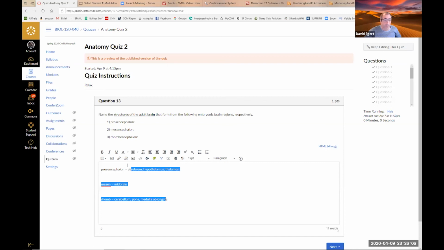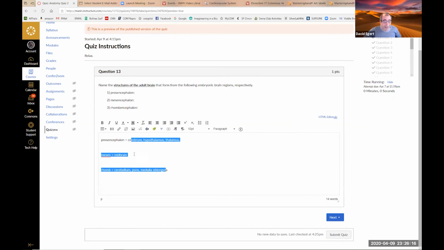I gave different amounts of partial credit based upon how much you got of this, because I figured maybe I could have written it a little differently. But saying prosencephalon becomes the telencephalon and the diencephalon is still not quite the structures. We talk about the diencephalon as an area, so it was tricky trying to figure out how to grade this one.